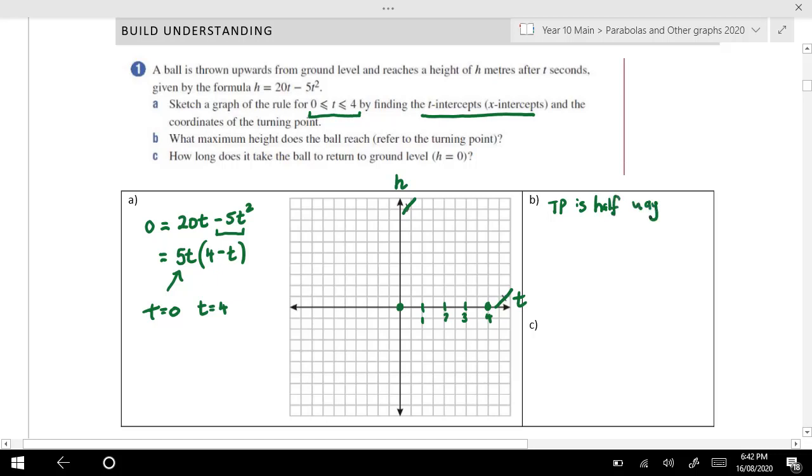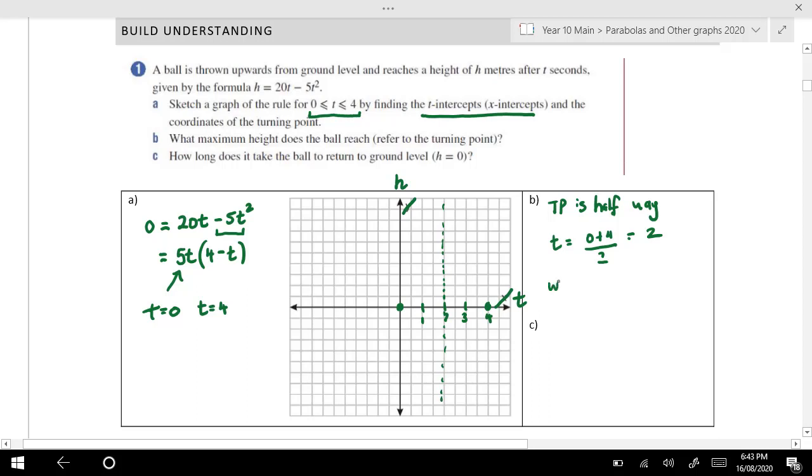We know that the turning point is at t, not x. t is equal to, well, let's add those two together, 0 plus 4, and divide by 2, which of course is 2. That means that that's our axis of symmetry. That's where it turns. Now let's go ahead and find what that height is.